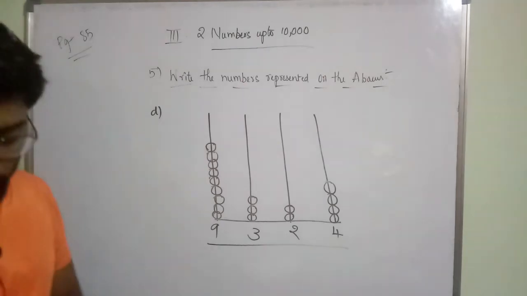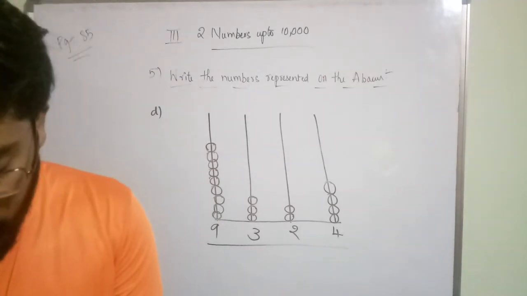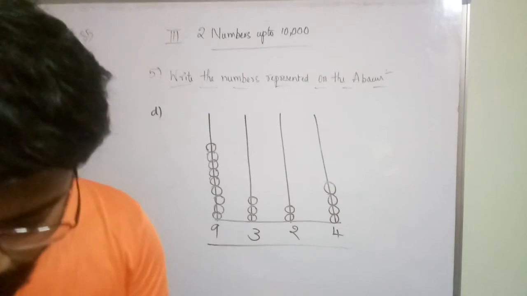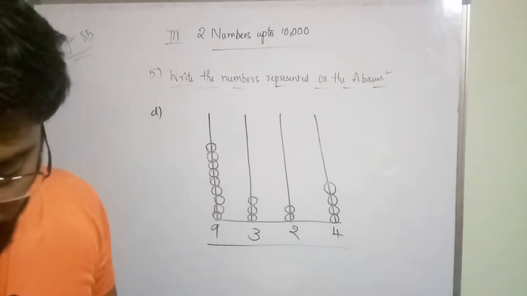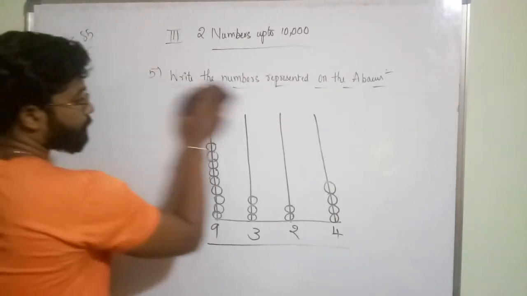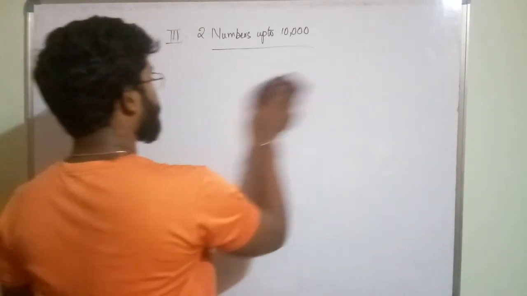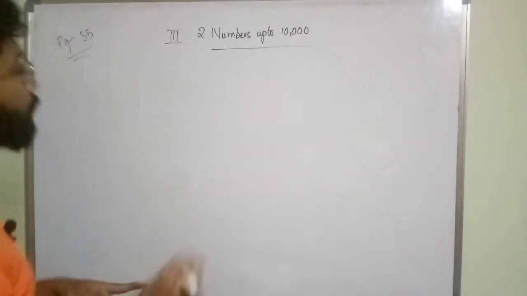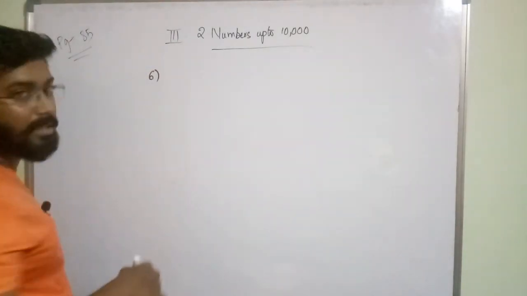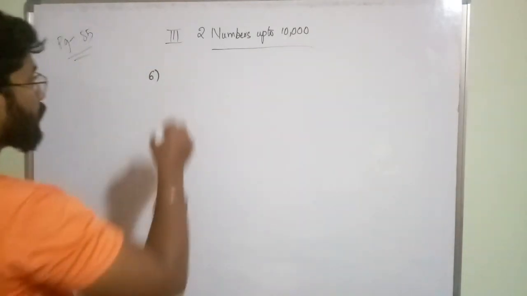Okay. So we have completed this bit, no? So what is the next bit? 6th bit. In 6th bit it is very easy for you. Show the following numbers on the abacus.